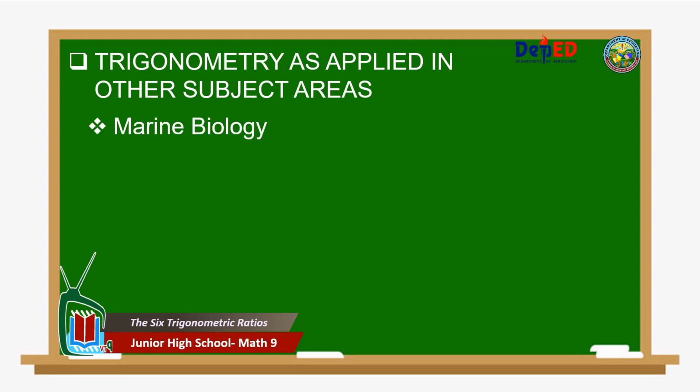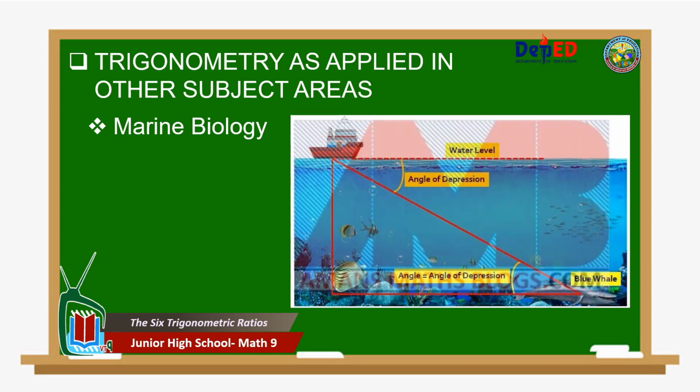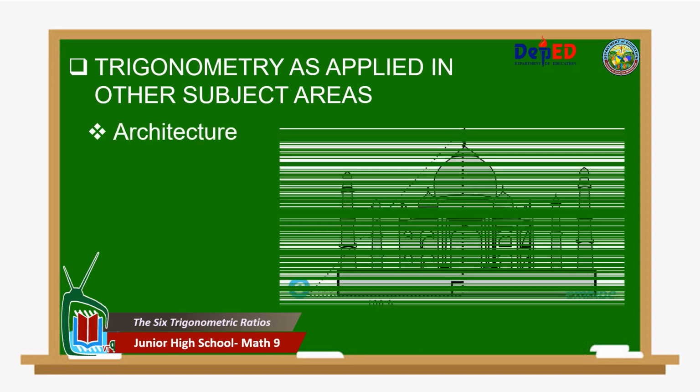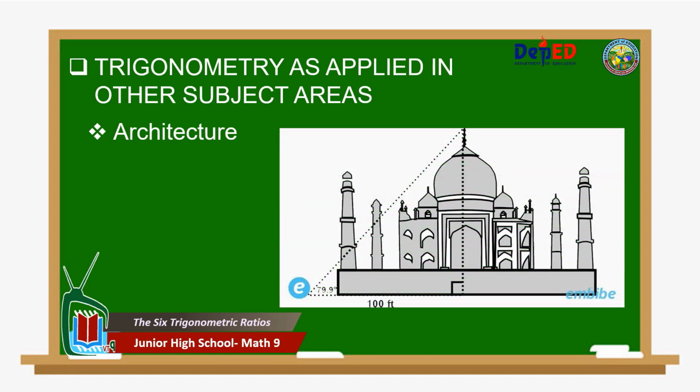Trigonometry is also used in marine biology. It is used to find the measures of angles of depression and angle of elevation. Architects also use trigonometry to calculate roof slopes, light angles, ground surfaces, structural loads, and heights of structures.